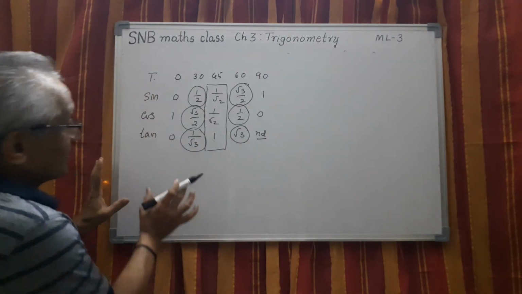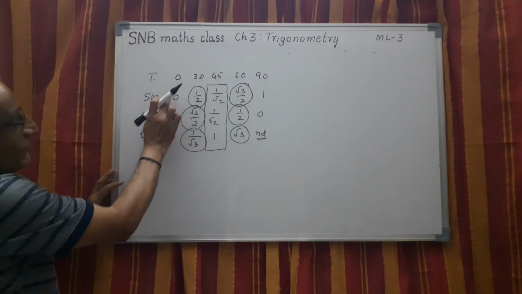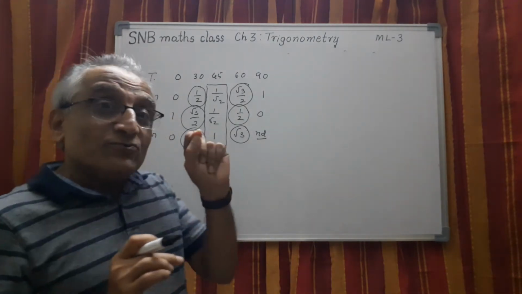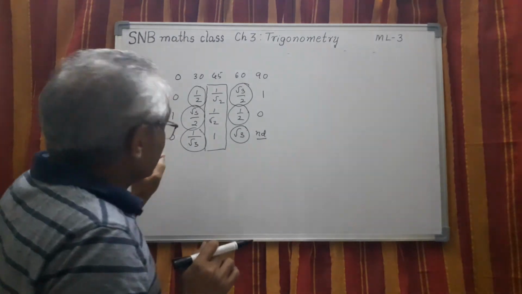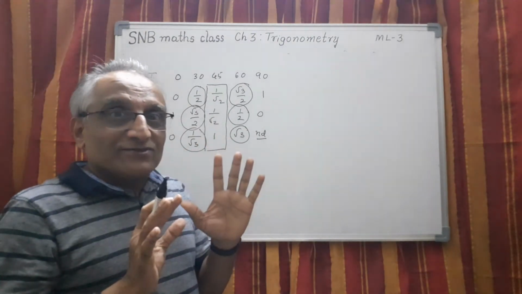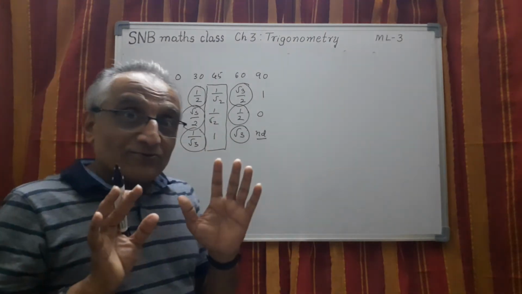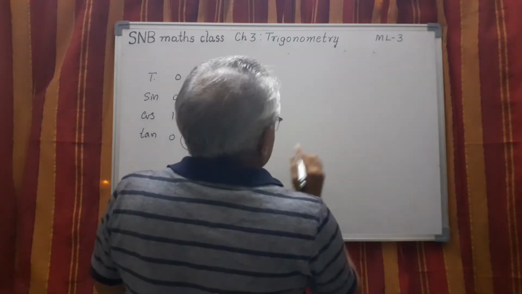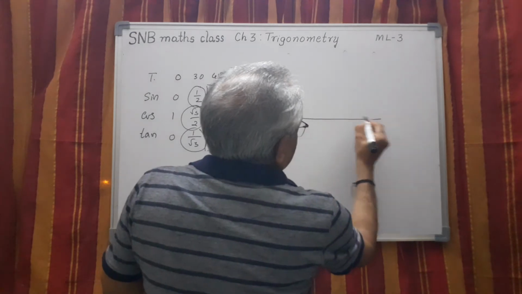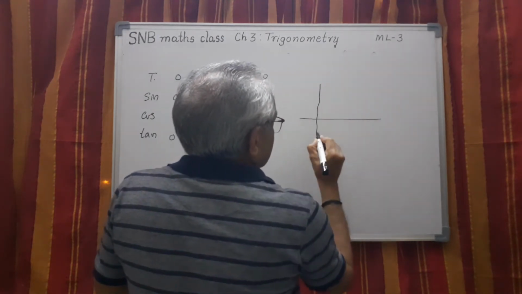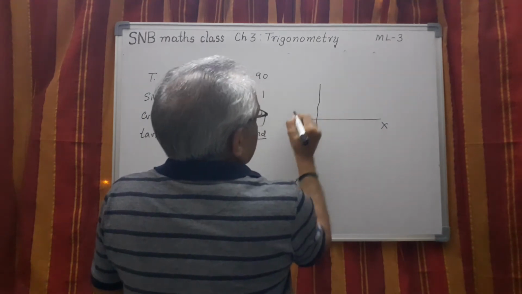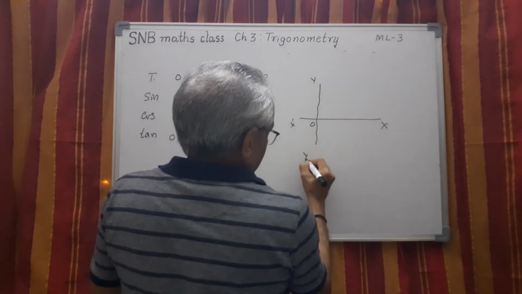Last two things I have to show you. Why sine 0 is 0, why cos 0 is 1, and why tan 0 is 0. This, of course, you have to do very carefully, and you have to observe very carefully. So what I do is, let me take x, O, x dash, y, y dash.